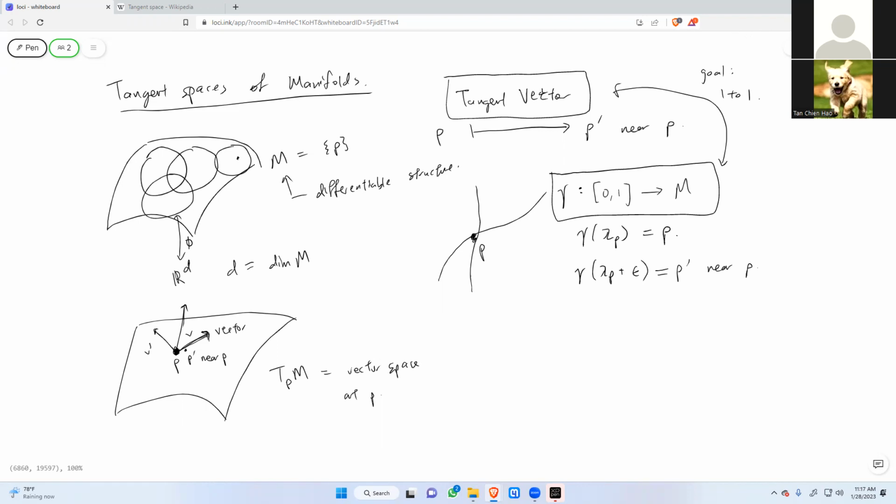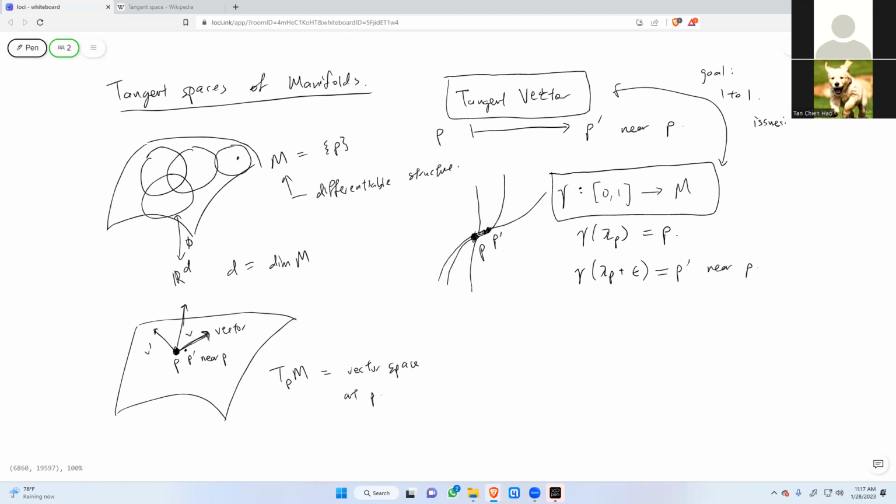There's some issues that we may foresee at the moment, which is that there may be many curves that map to the same tangent vector, because there may be many curves that can bring P to a point P prime that is near it.